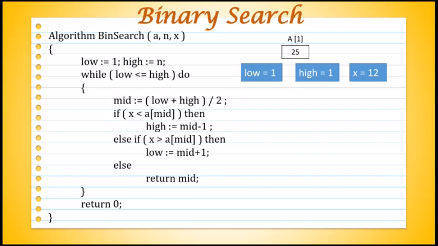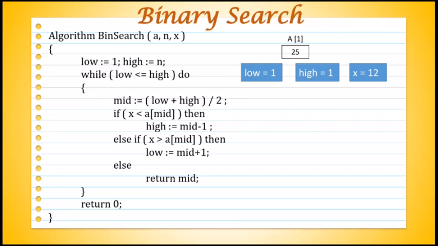After initializing the values of low and high, we will check the while condition. Is low less than or equal to high? Yes, because 1 is equal to 1, so it satisfies the condition. That means we will execute the while loop. In the while loop, the first statement is to find the middle value.